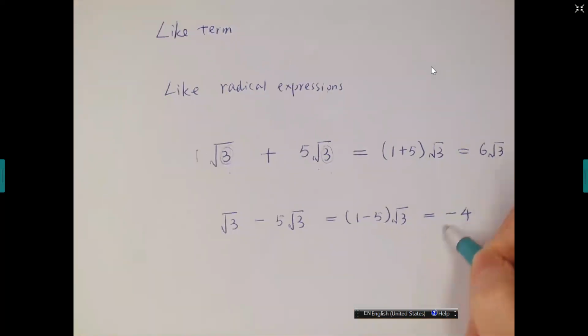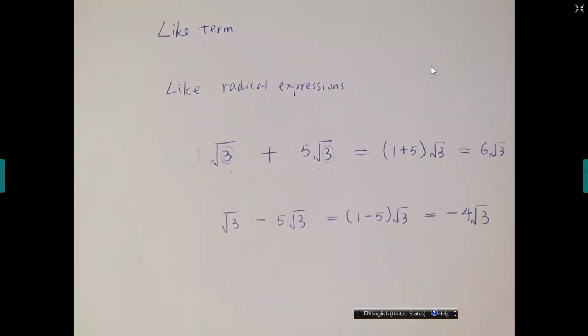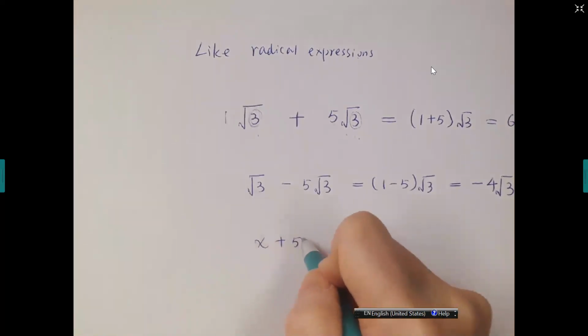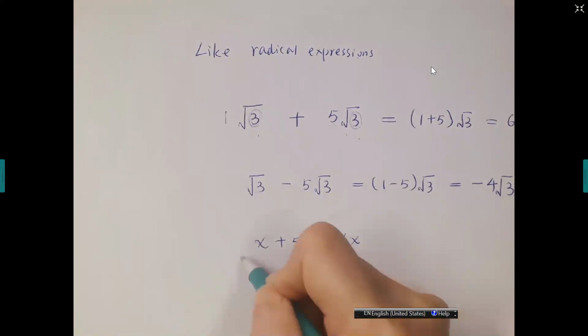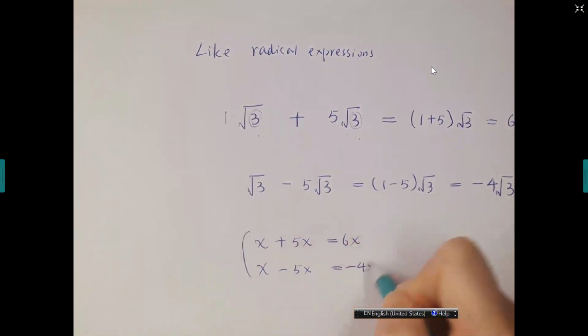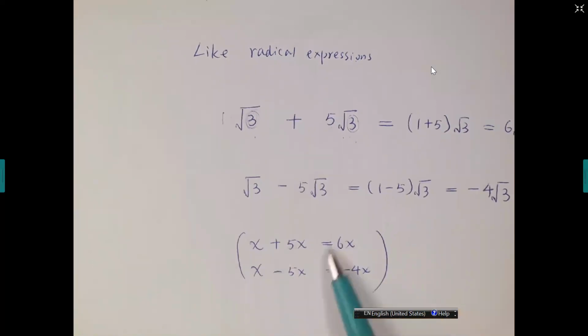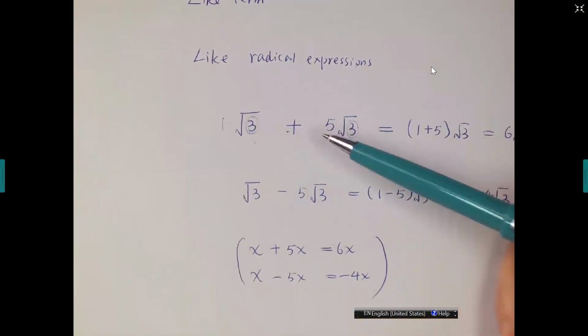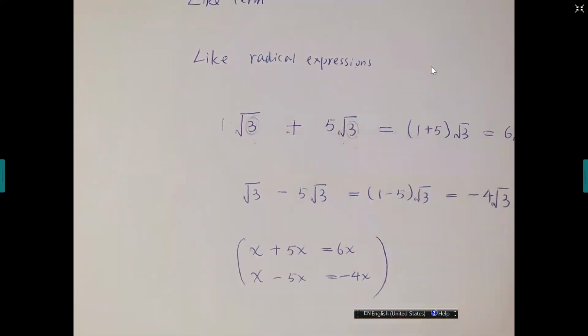So negative 4 times radical 3. It's very similar to x plus 5x equals 6x, or x minus 5x equals negative 4x. Same idea as combining like terms. When we add or subtract radical expressions, we just combine like radical expressions.